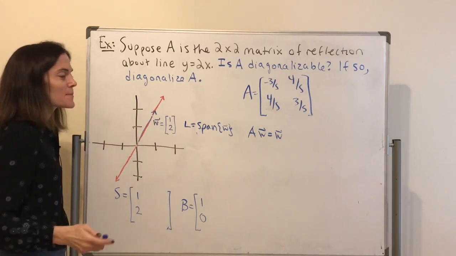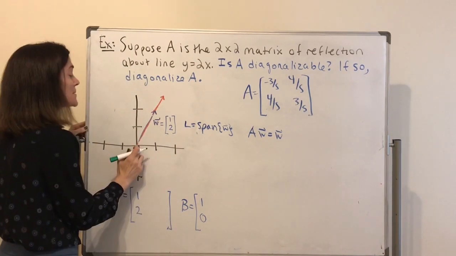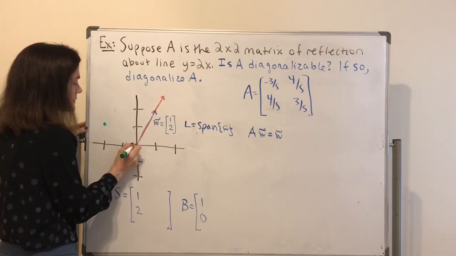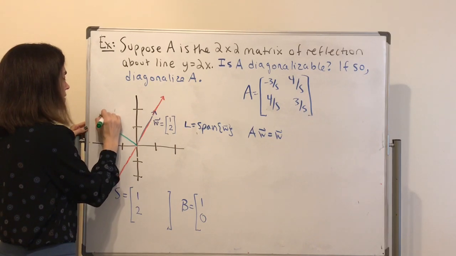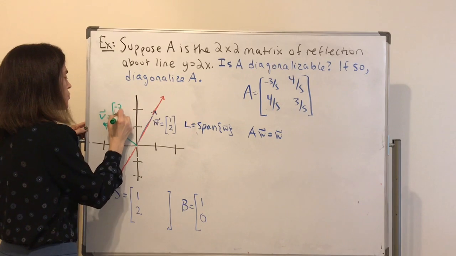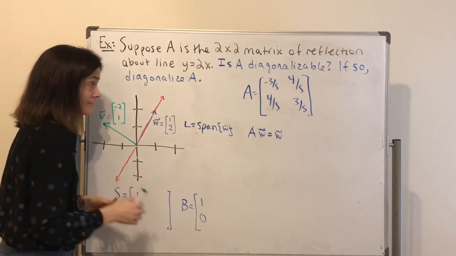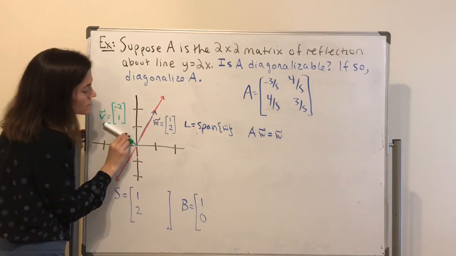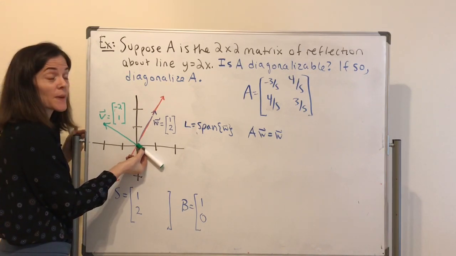So now we just have to think about reflection a little more. What happens to this vector? Minus 2, 1. So this vector, I will call it, say, V is minus 2, 1. What happens? Well, it's mapped here. You notice it's parallel, right?